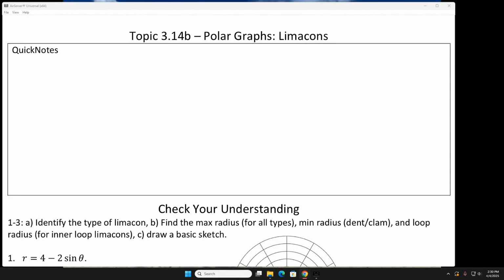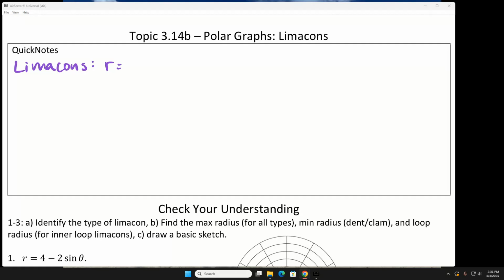So topic 3.14b is going to be on a different type of polar graph. Sorry, that's called a Limacon. So it's super fun to say. But a Limacon is going to be in the form r. There are two forms.